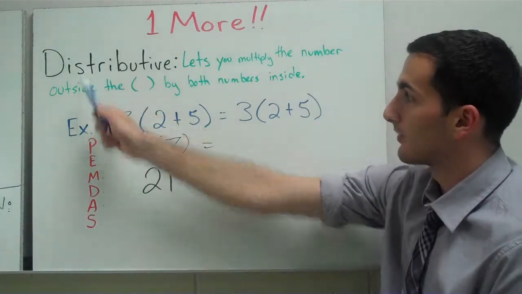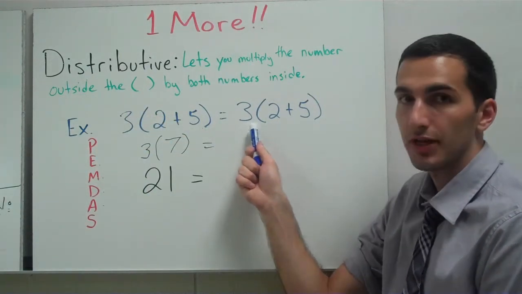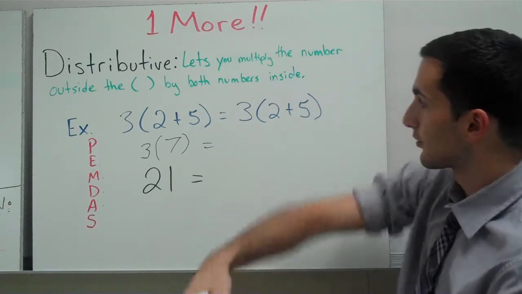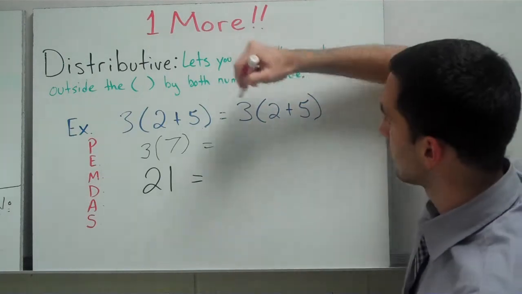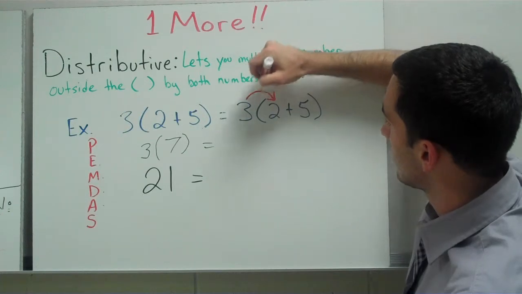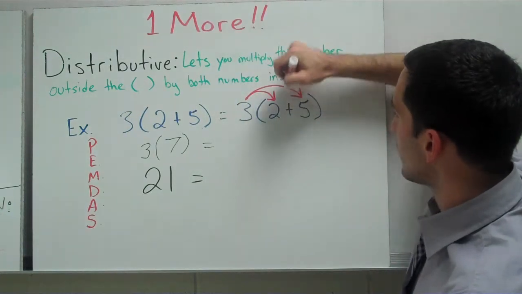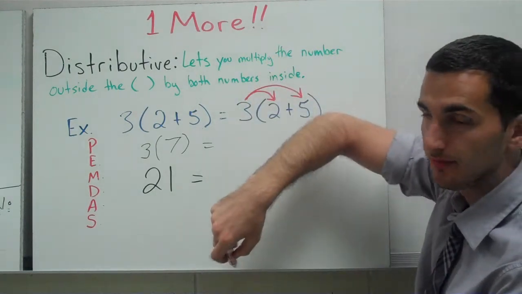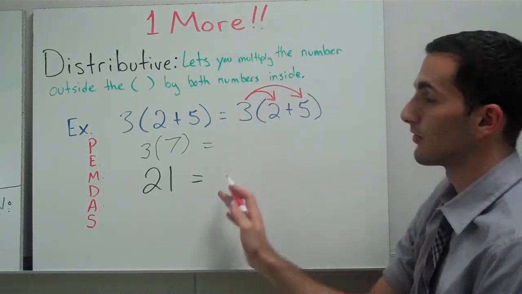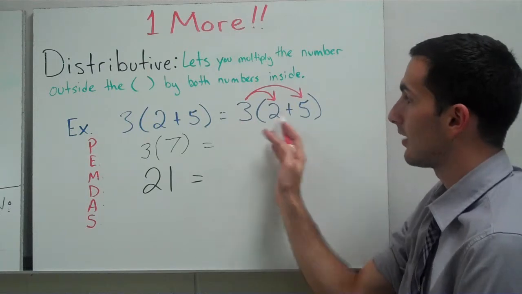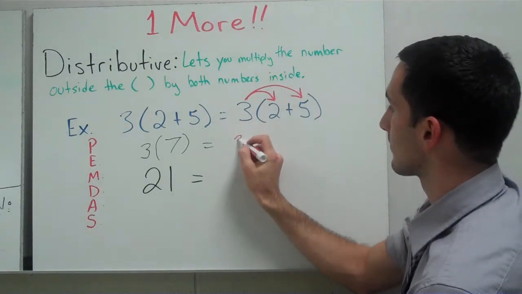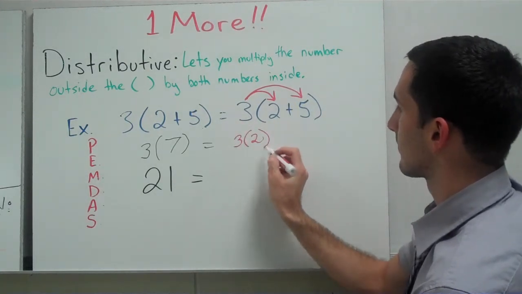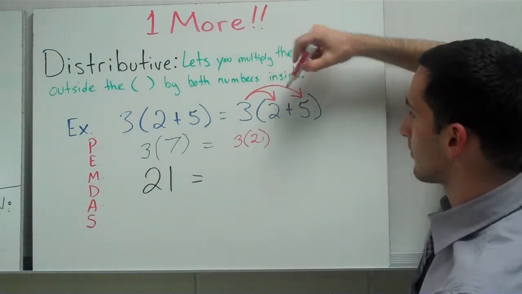The distributive property says that whenever we have a number outside of parentheses, we can distribute it, which means multiply it by both of the numbers inside the parentheses and get the same answer. So I'm going to go ahead and distribute this. That means I will do 3 times 2 and also 3 times 5.